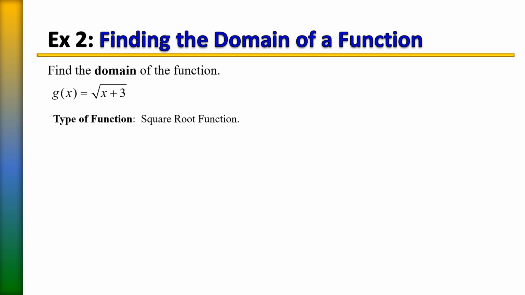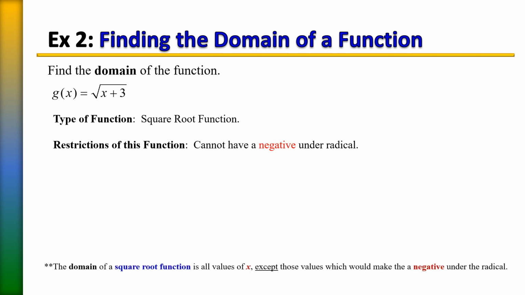So we want any number which would produce a positive number or 0. So you can have 0 under the radical, but you can't have a negative under the radical. So to find the domain, all you need to do is take whatever is underneath the radical and set it to where it is greater than or equal to 0.